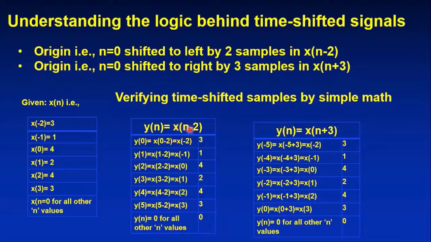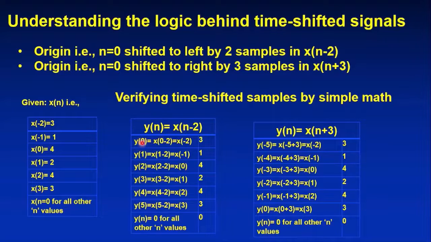In order to obtain the samples of this signal, x of n minus 2, or let us say x of n plus 3, we equate it to a new signal called y of n, and after that we substitute n equal to 0, n equal to 1, even negative values. You can keep substituting it in this equation, and let's take n equal to 0.